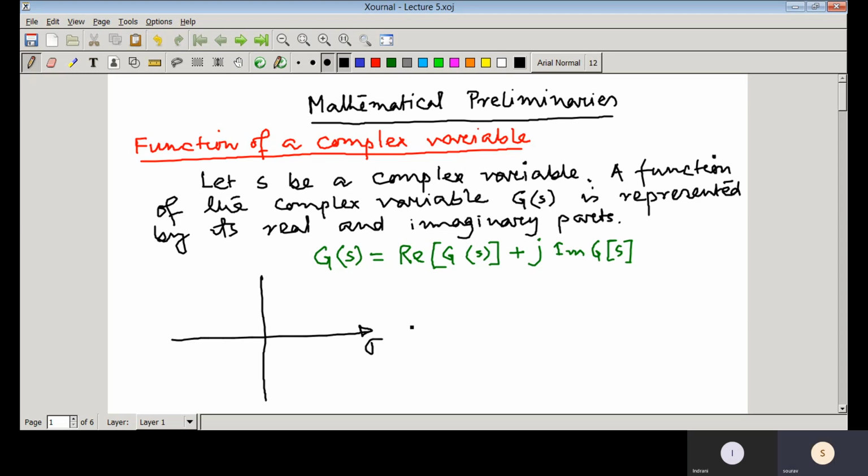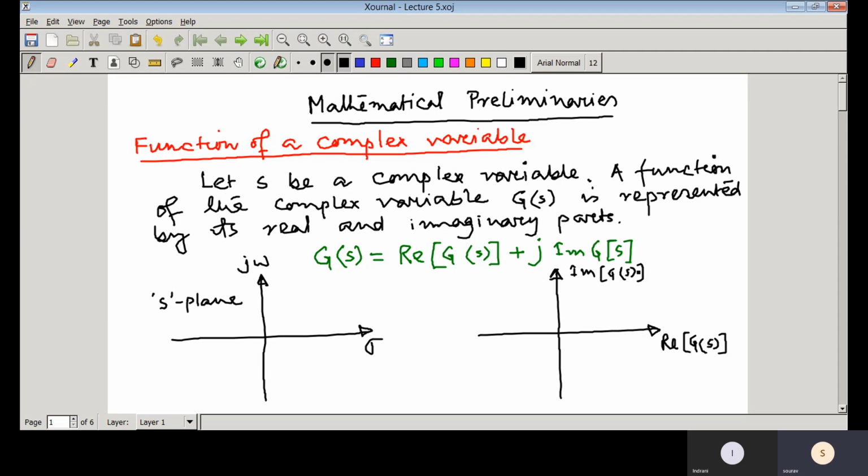Suppose this is your complex plane, sigma j omega. That is the s plane. And we have another plane, with the real of G(s) and here the imaginary of G(s).